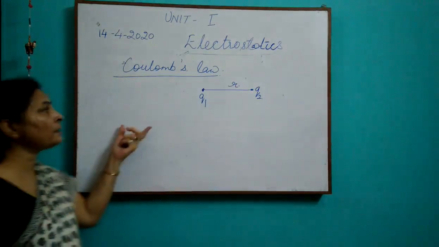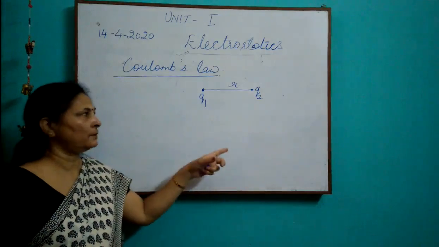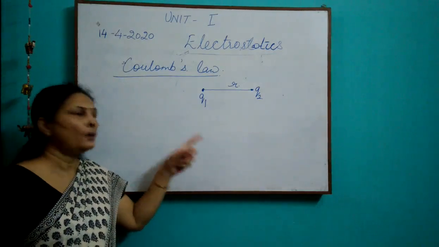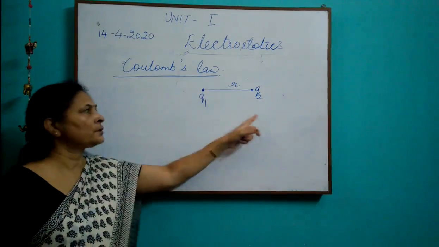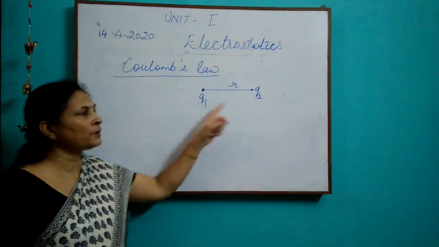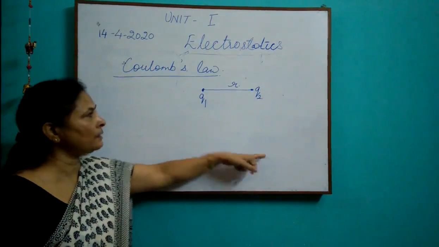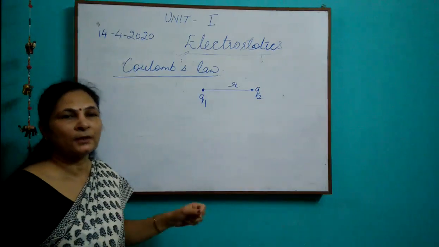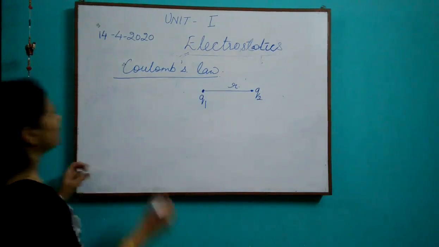The electrostatic force of attraction or repulsion will depend upon the nature of the two charges. If both are of the same nature, the force will be repulsive, and if they are of opposite nature, the force will be attractive.